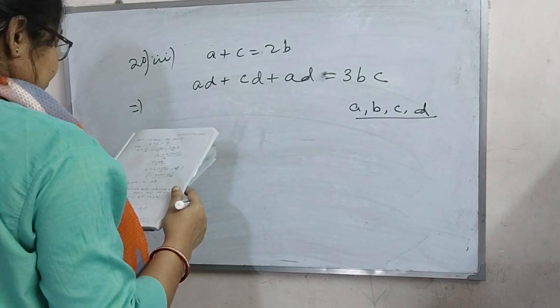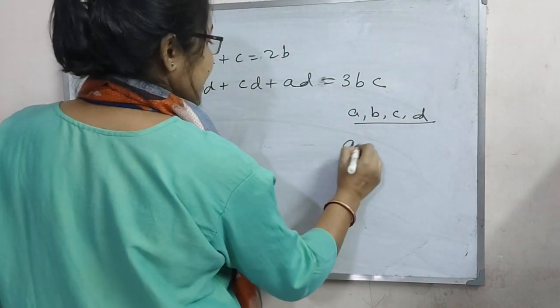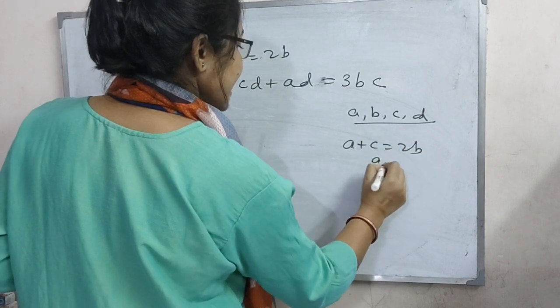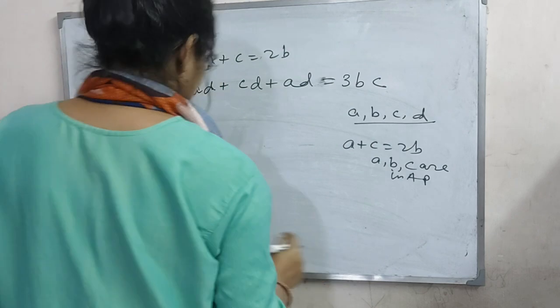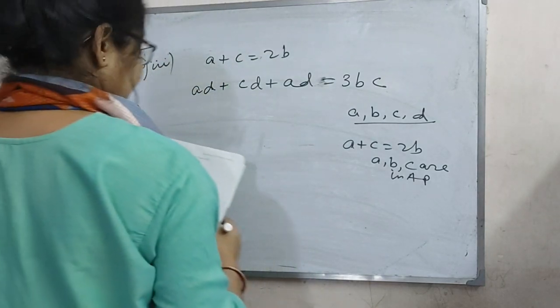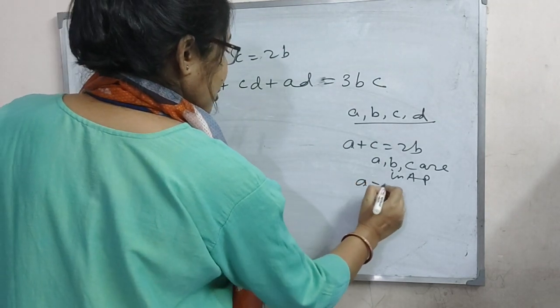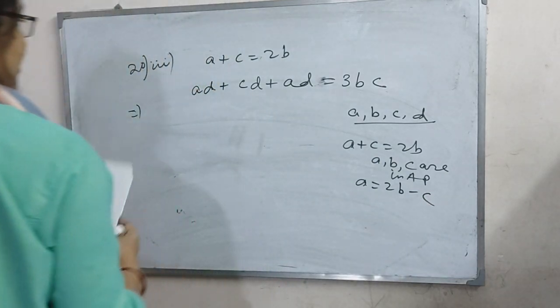From here I can write a plus c equals 2b. That means a, b, c are in AP. That means a equals 2b minus c.